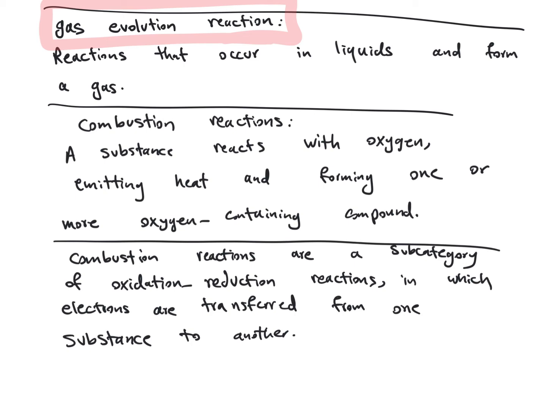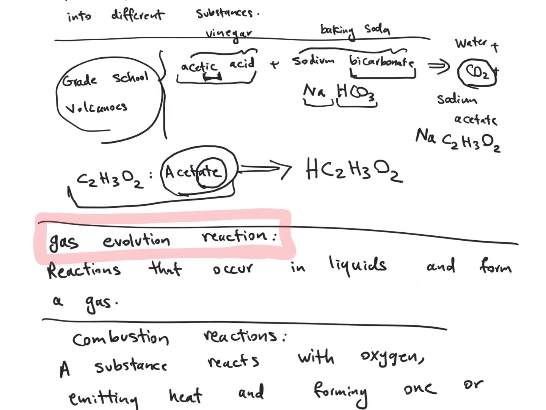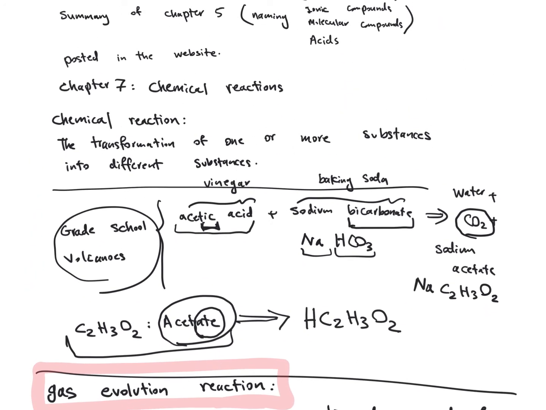So if we go to the definition of a chemical reaction, it is the transformation of one or more substances into different substances. So we have water in liquid form and in gas form.